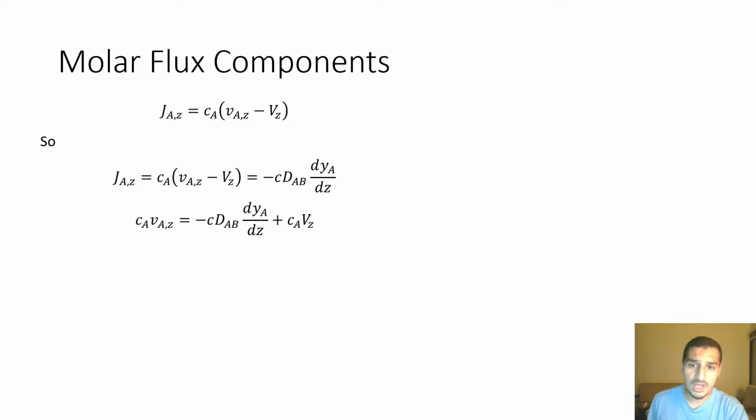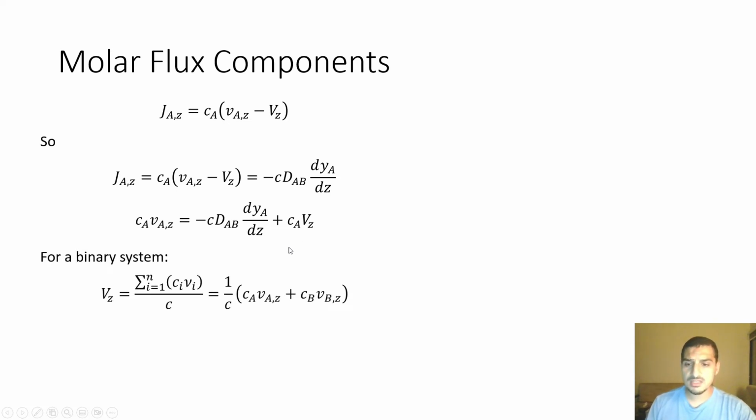It's not possible, and that's why we want to get rid of any term that contains velocities, and we will start with this term. So C V_z, or V_z, as we mentioned before, is the average velocity, which is the summation of the C multiplied by V for each component divided by the total concentration, which takes this form in case of a binary system.